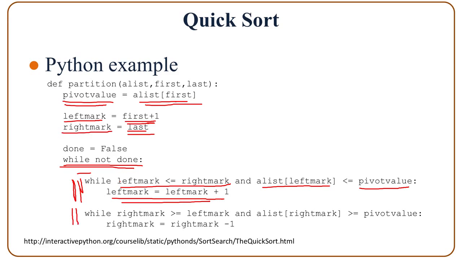Then we get to the second loop. The second loop moves the right mark to the left, and it keeps moving to the left as long as the right mark hasn't crossed the left mark and the element at the right mark is still greater than the pivot value.